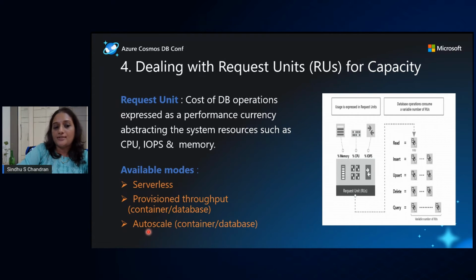And the other option is the auto scale, which again you can set at a container or database level. So where you pay 1.5 times the cost of the provisioned throughput, but then there is the option to scale between a range that is set. So one option would be to start with auto scale to avoid any limitations of lesser RUs, and then based on your usage, you could provision throughput to better manage your cost.